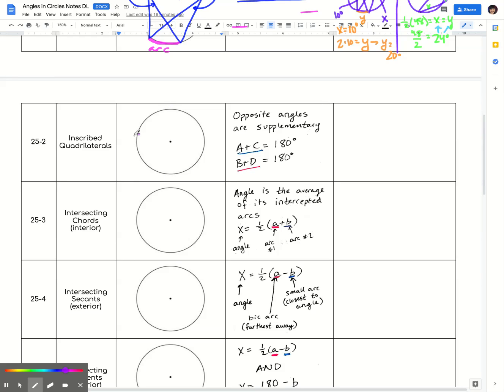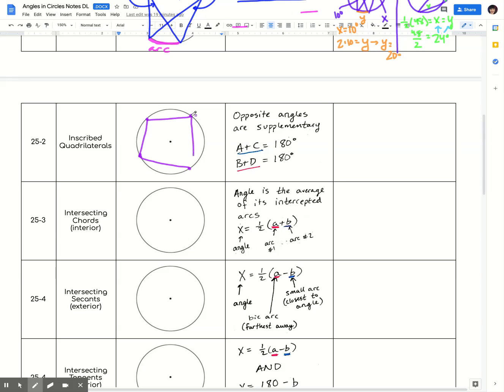So I'm just going to draw a random one. I'm going to do a point here, a point here, a point down here, and then a point like up here. Actually, I'm going to connect my dots here. So what I'm drawing on the screen right now is an inscribed quadrilateral.